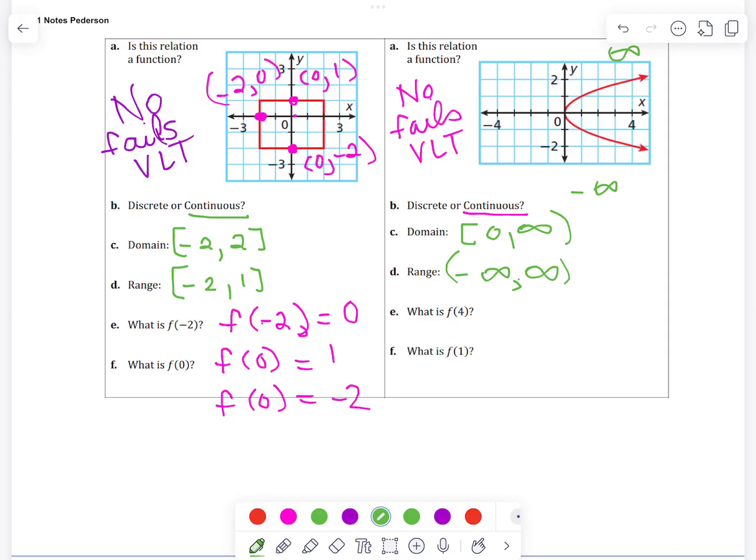And then f of positive 4, here's positive 4 and positive 4. So those ordered pairs are 4, 2 and 4, negative 2. So f of 4 equals positive 2 and f of 4 equals negative 2.